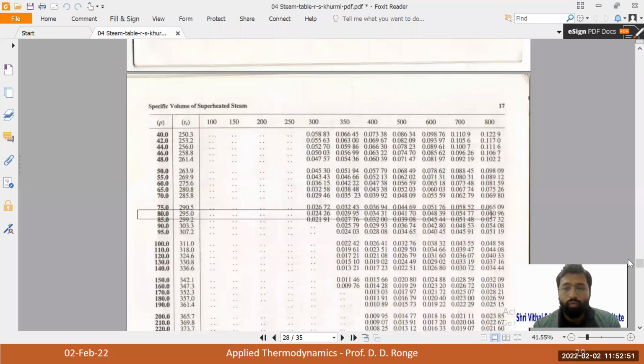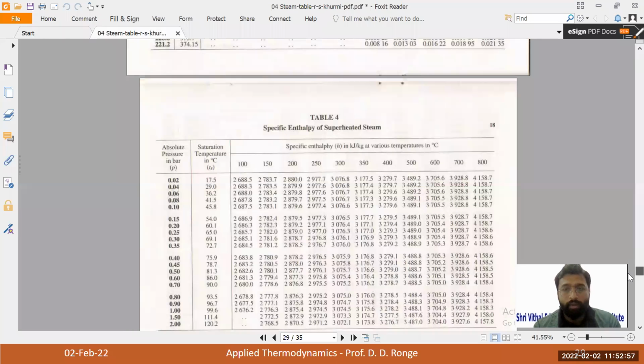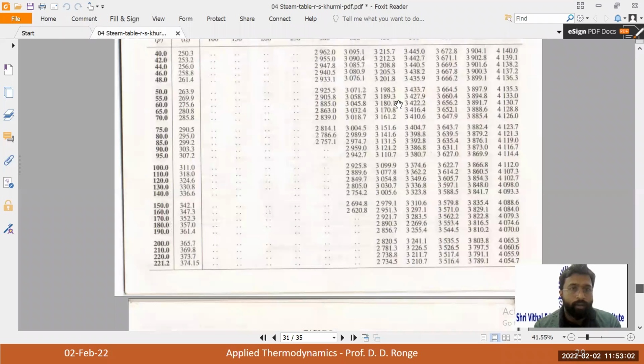If you want to know the specific enthalpy, again you have to go to the specific enthalpy superheated table, for 80 bar pressure.